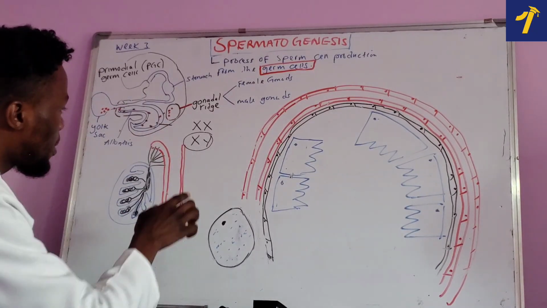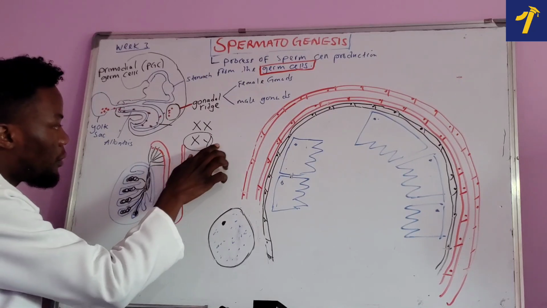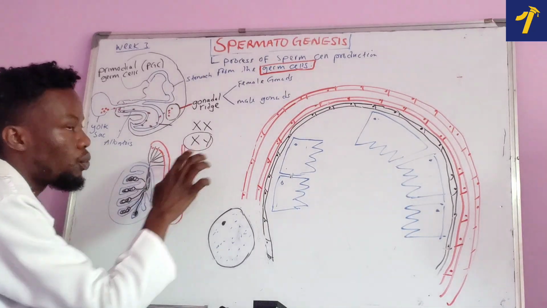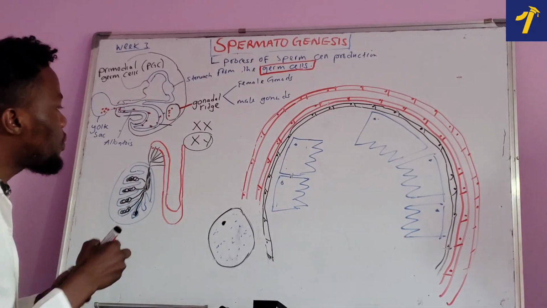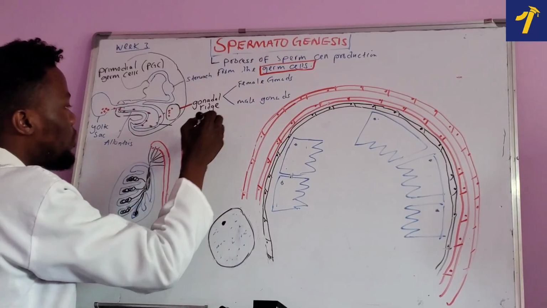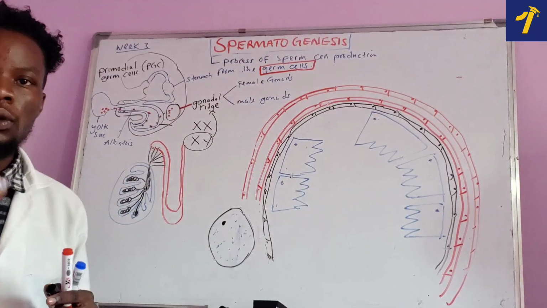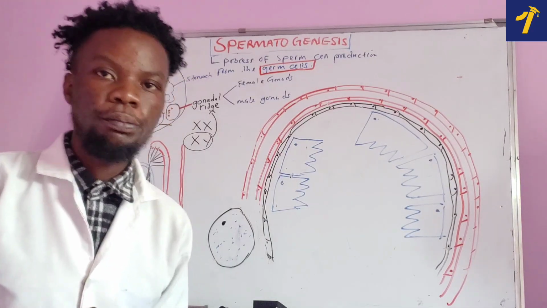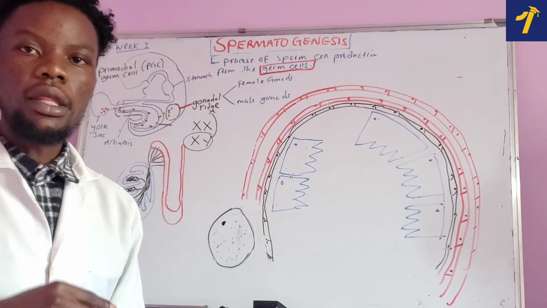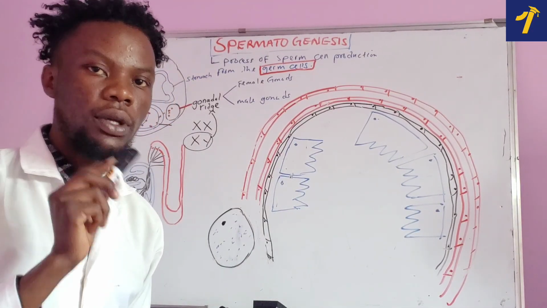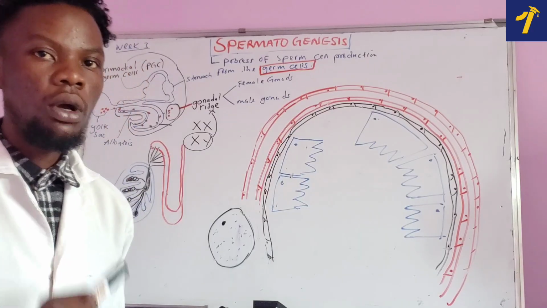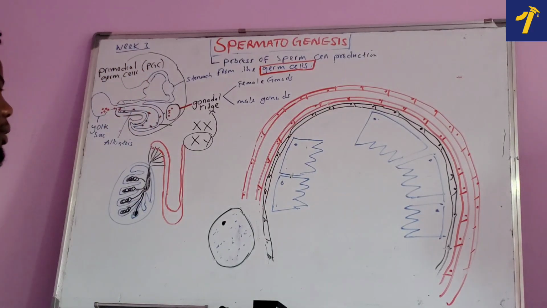Now, the very important component of this XY chromosome is the Y chromosome. The Y chromosome is the one that will go to the gonadal ridge and tell it to start developing into what we call the male gonads. That's how it knows that it needs to develop into the male gonads.